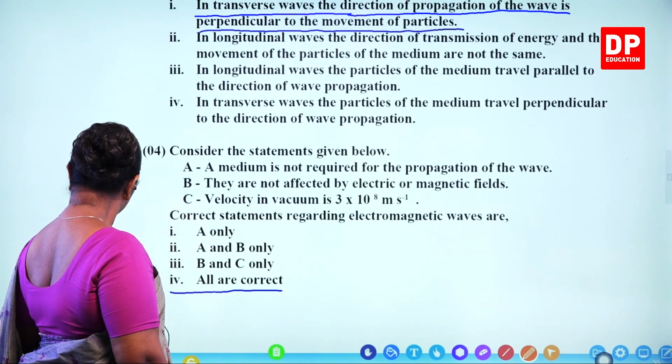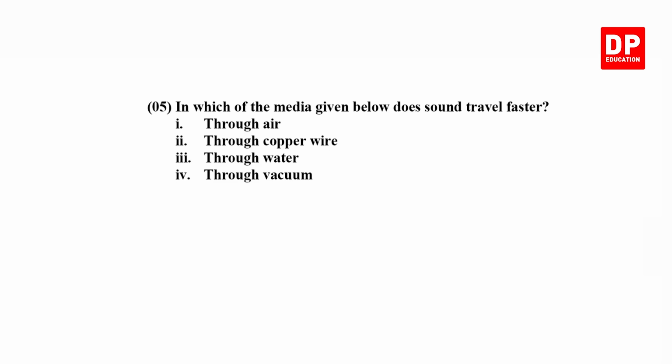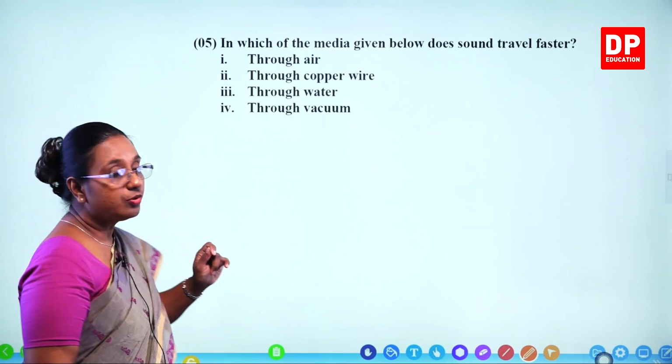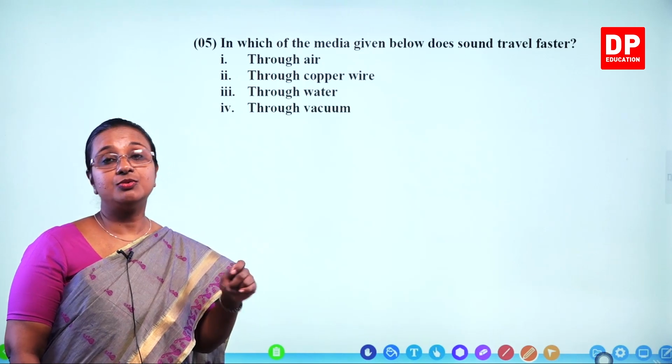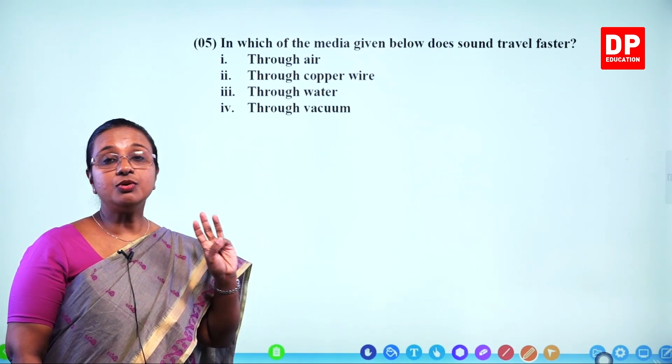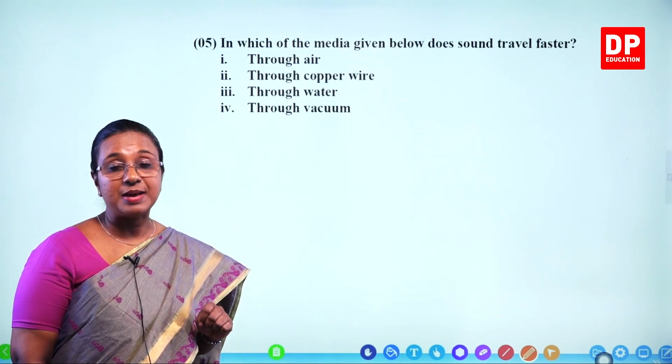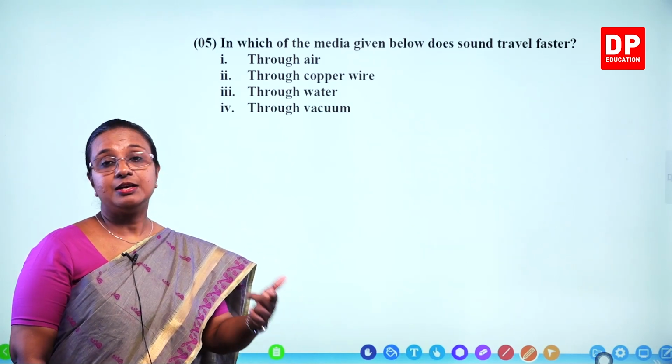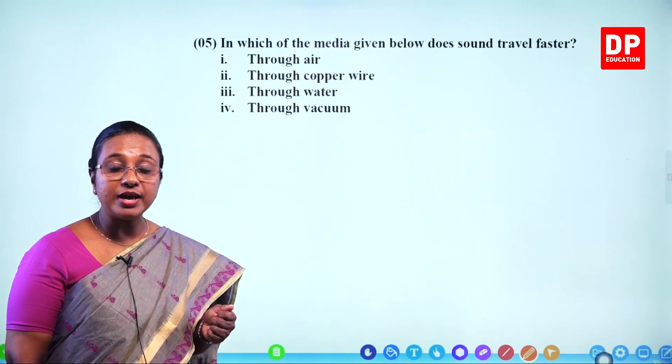With that, I'll move on to the next question. In which of the media given below does sound travel faster? Now you know sound doesn't travel through space or vacuum, but it can travel through all three states of matter: solid, liquid and gases or air.